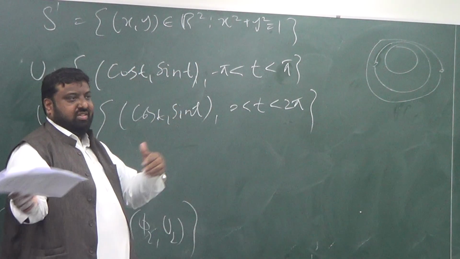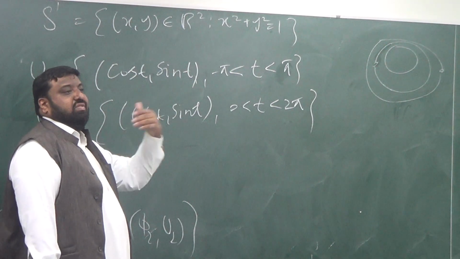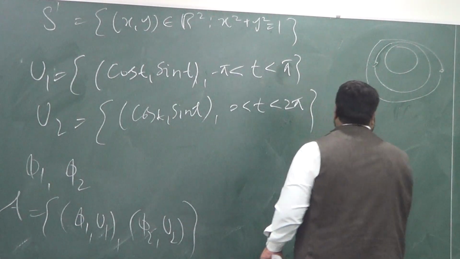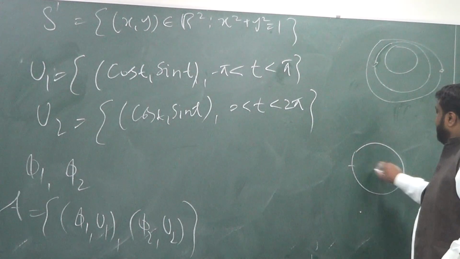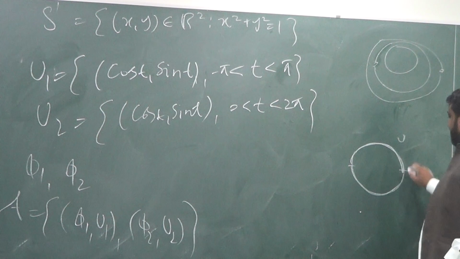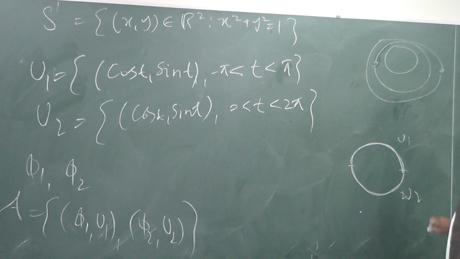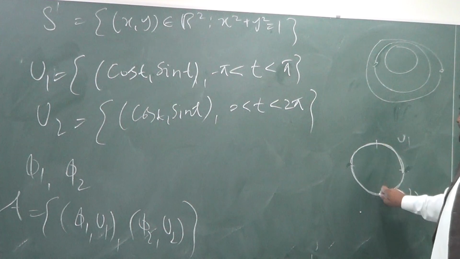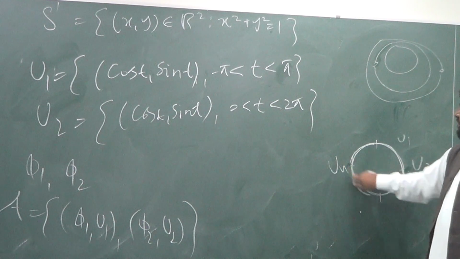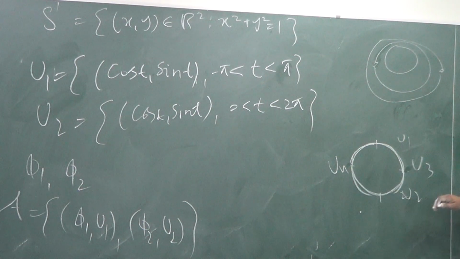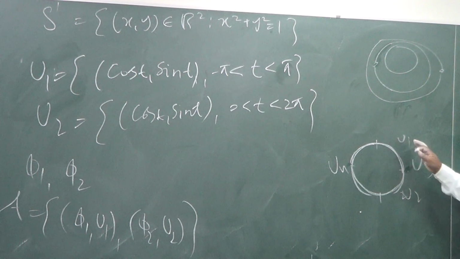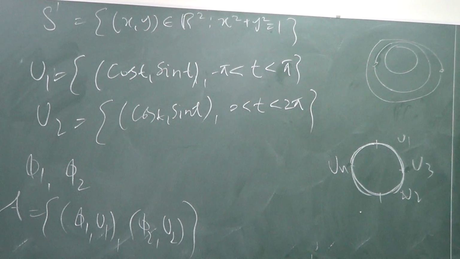Another example consists of the 4 charts: take these 2 pieces, U1 and U2, and these 2 pieces, U3 and U4. These U1, U2, U3 and U4 cover the circle. You can go through it for yourself.